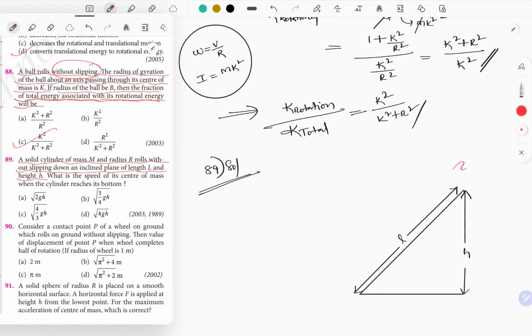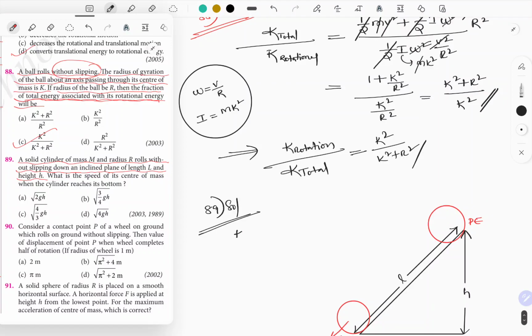When it is at the top, it will have only potential energy. When it is at the bottom, it will have kinetic energy. So complete potential energy is converted into kinetic energy.